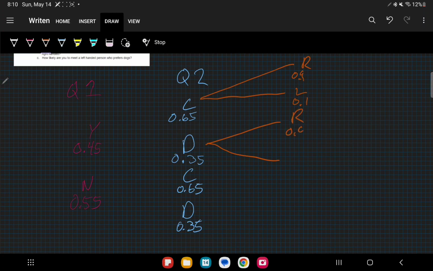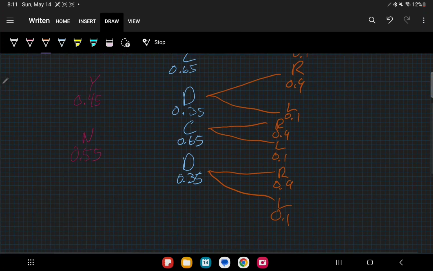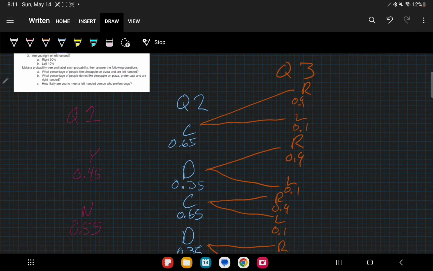Right, 0.9. Left, 0.1. Then cat again. Right, 0.9. Left, 0.1. Then dog one more time. Right, 0.9. Left, 0.1. Okay, and we'll fill in the rest.